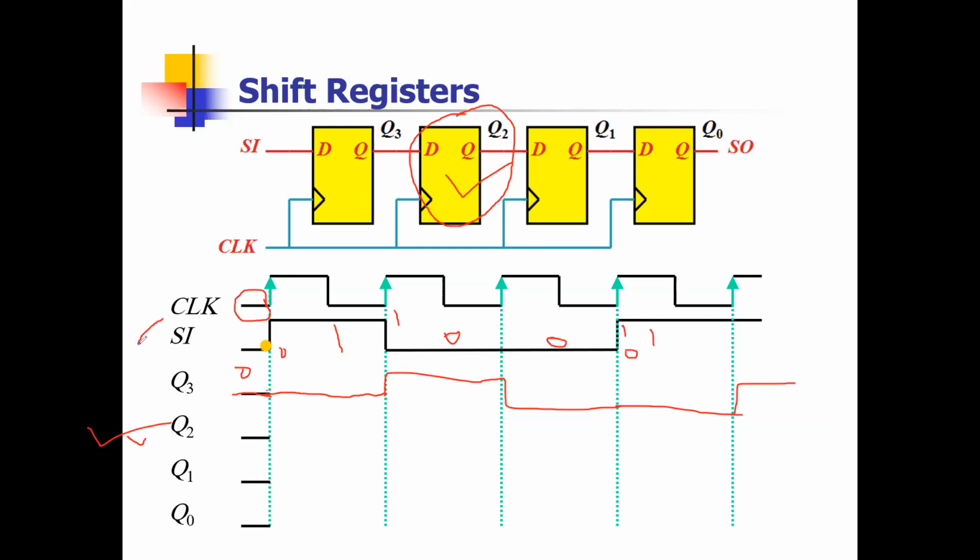Q3. So I cannot consider this one as an input. Clear? Yes. What is the input? Q3. Okay, so I need this. Is it clear to you or not? Can you repeat? Yes, Q3 is here.